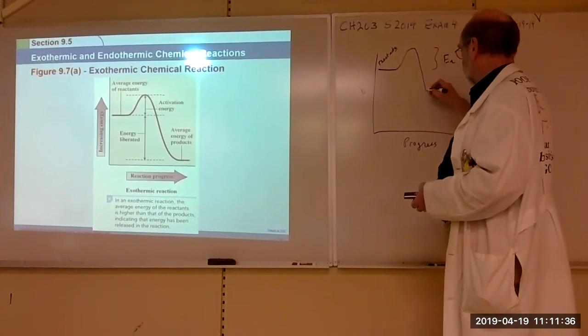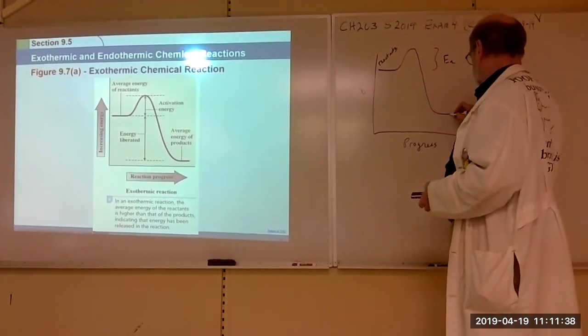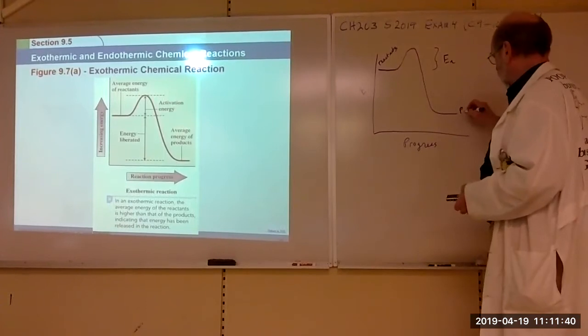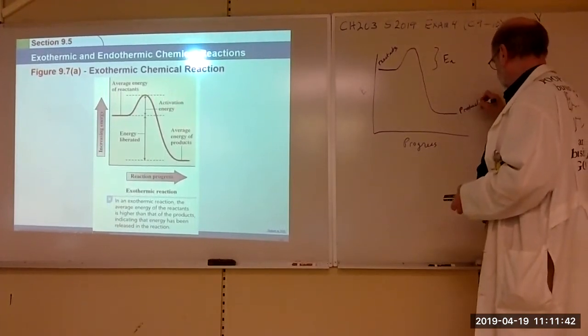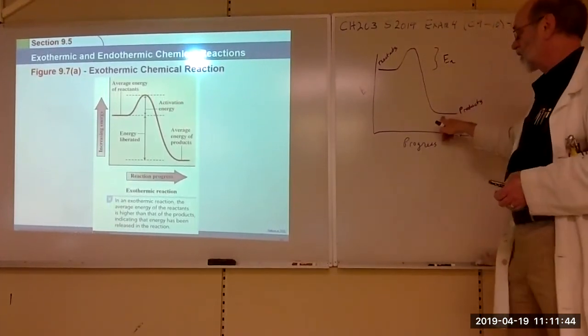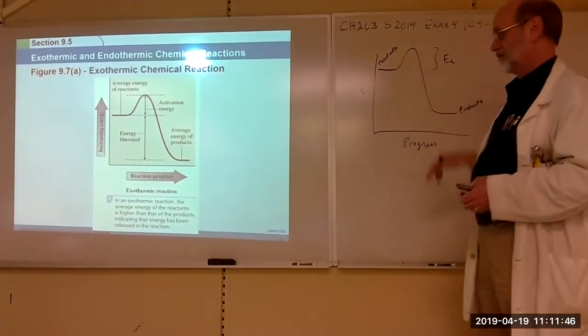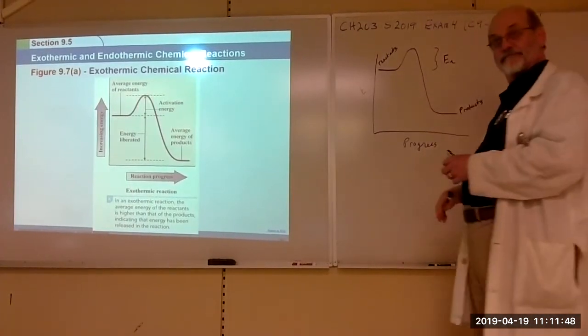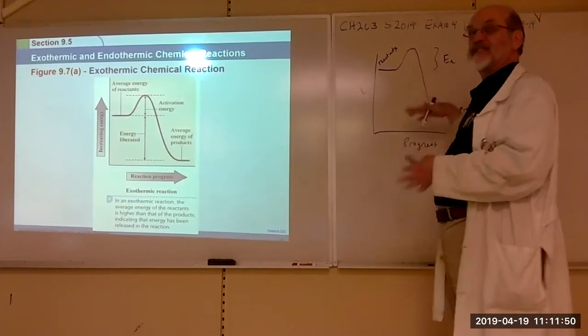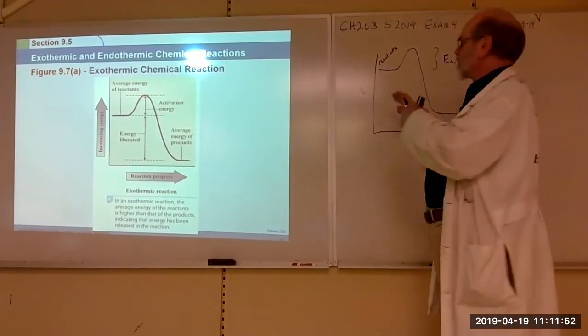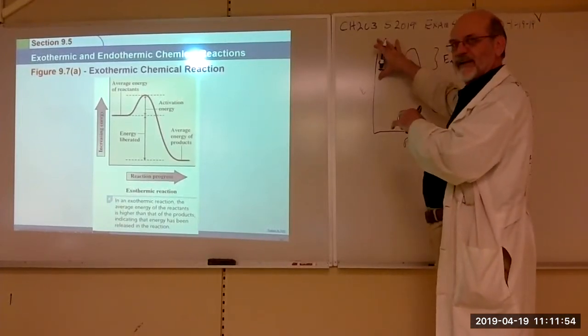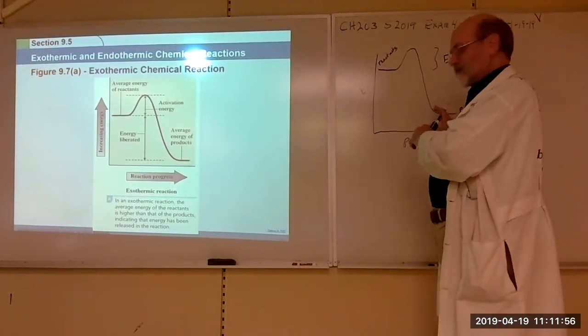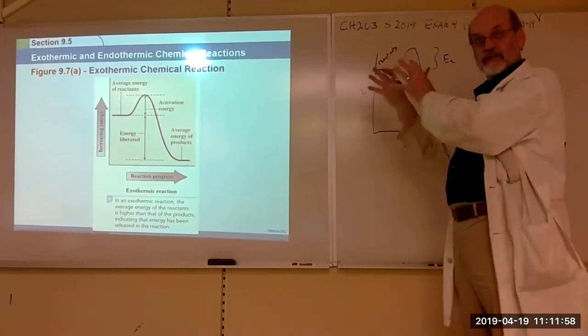In this case, these are the products, and the products have less energy than the reactants. Okay? So that means we released some energy. It's like the energy is stored up here, and down here, since there's less here, it's been released.